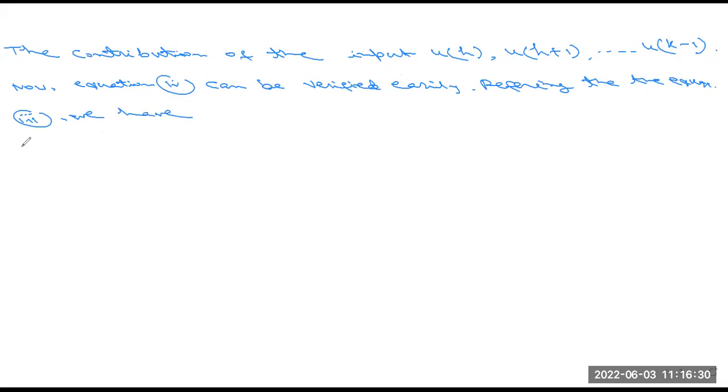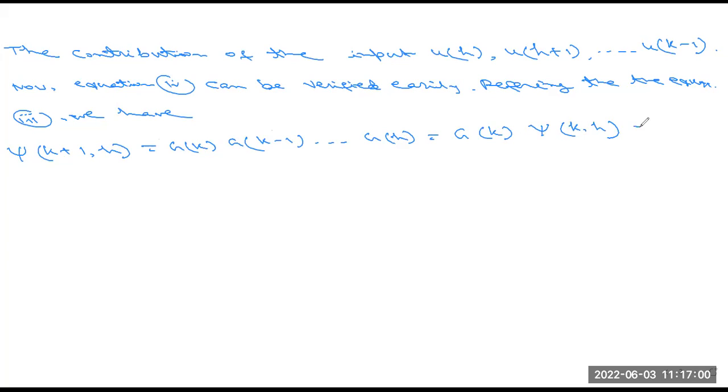We have psi of k plus 1 comma h equal to g k into g k minus 1 and so on down to g of h. So now we express this as g k into psi of k comma h. This is equation number 5.